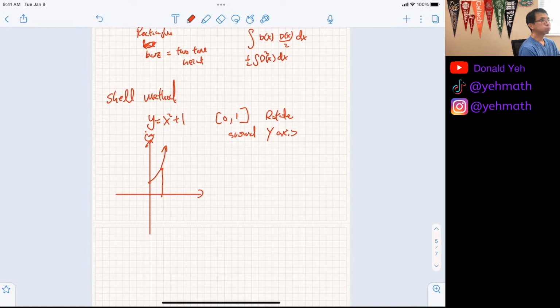Let's just learn the shell method. I heard it makes everything easy. Why don't we just learn the shell method? Then we don't have to use it. No, you have to learn. Your test is gonna be based on disk and washer. The AP exam is gonna be based on disk and washer. It doesn't have a shell. I teach you shell because some of you are going to go to MIT, or Caltech, or apply?